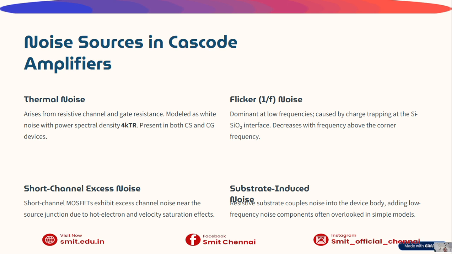Short channel MOSFETs introduce excess noise due to velocity saturation and hot electron effects. Another source is substrate-induced noise, where noise couples through the semiconductor substrate into the active device. To design low noise amplifiers, engineers must carefully model and minimize all these noise sources.